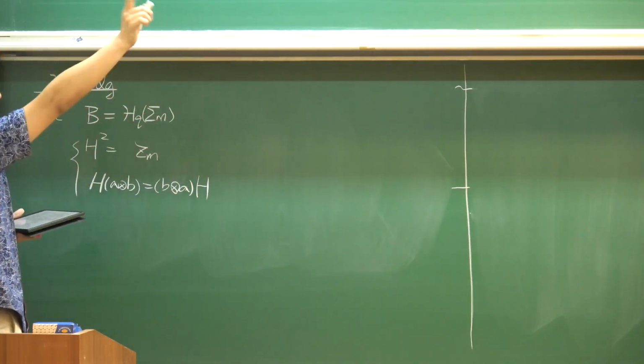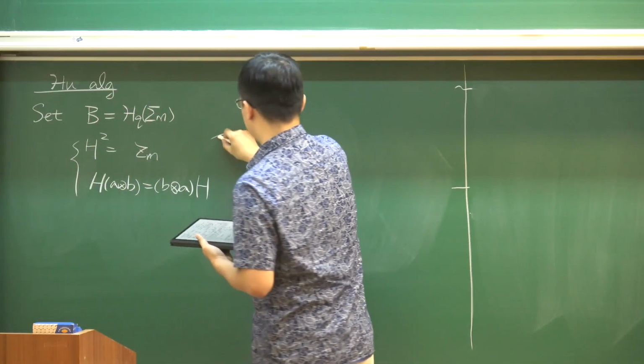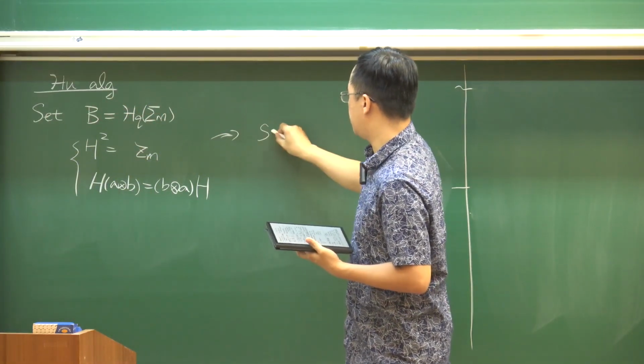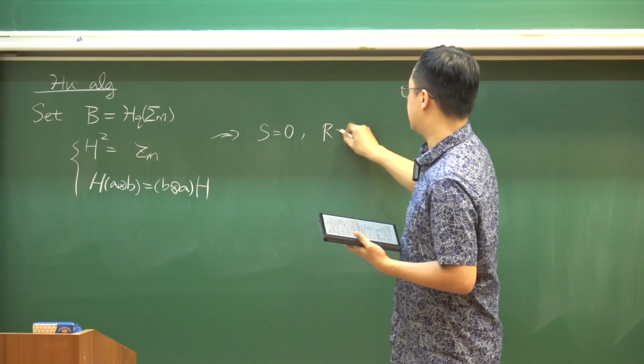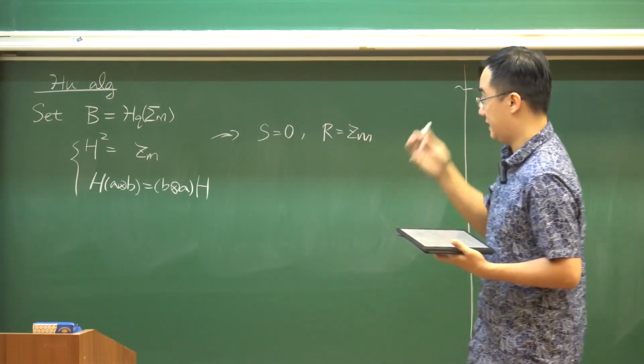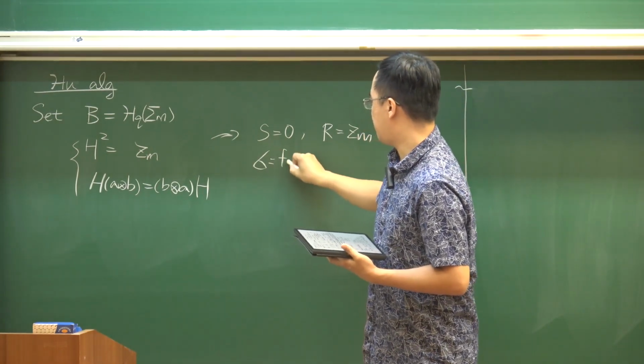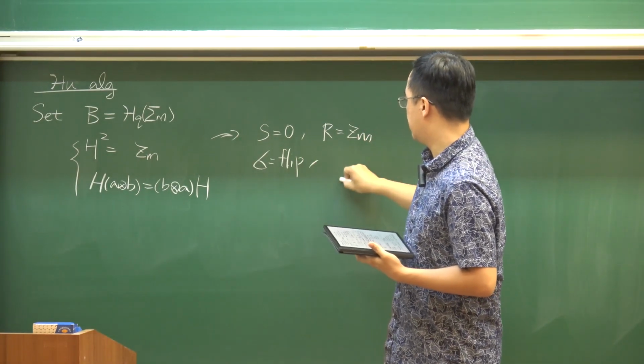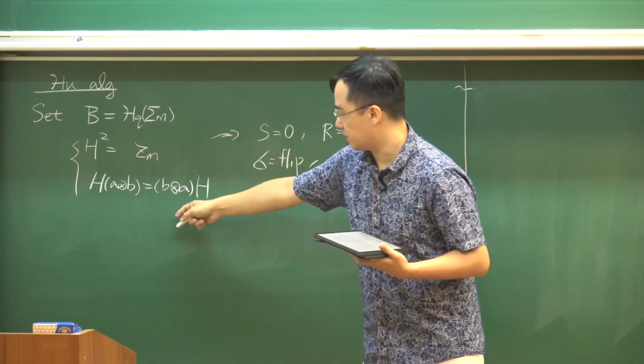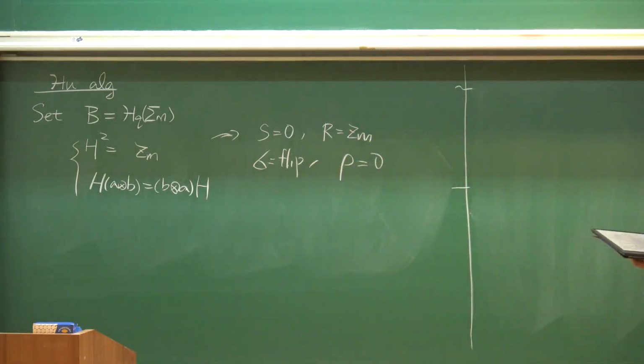So in this language, you really need to choose your S to be 0. R is this special element in the center of B tensor B, and sigma is the flip map, while rho is the 0 map because there are no extra terms from the right hand side, and then you just need to check that they all satisfy.